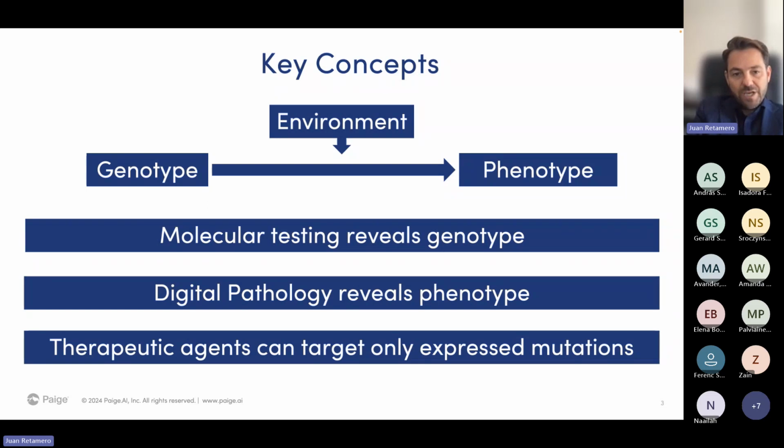In other words, a mutation may be present on the genotypic level, but that mutation may have been muted for a number of reasons, ranging from environmental reasons to other genetic interactions with different genes. Of course, epigenetic factors may have rendered that mutation essentially not expressed on a phenotypical level, and hence that cell population would not be subject to treatment with a certain therapeutic agent.